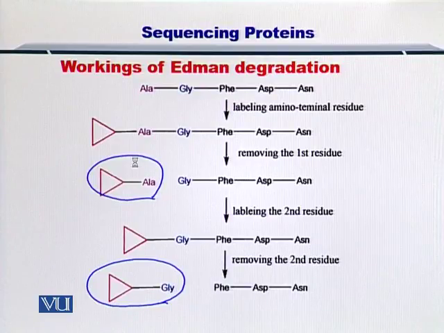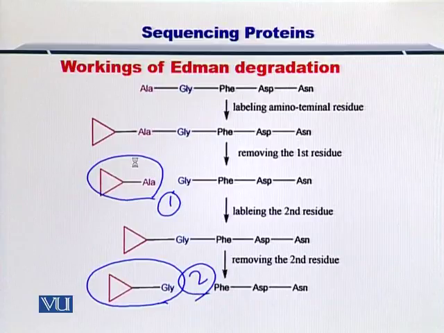At the third step, you can have the third derivative. But this process cannot go beyond 60 residues. So if this is the first one, this is the second one, it is very difficult to degrade the protein beyond the 60th residue. So essentially that would limit your capability to sequence larger proteins.